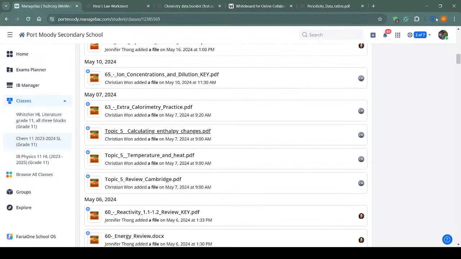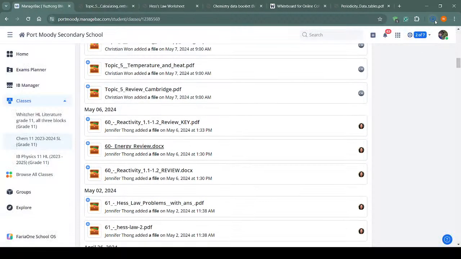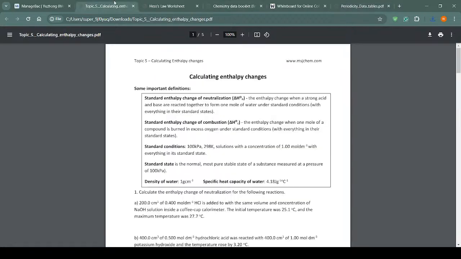Oh, calculating enthalpy changes. Standard enthalpy change.